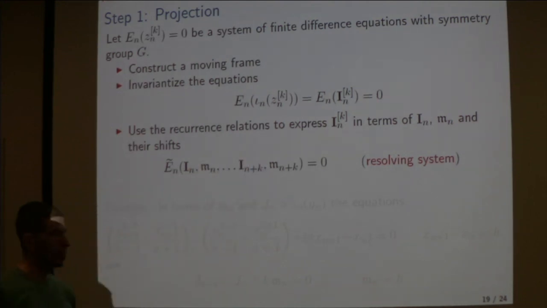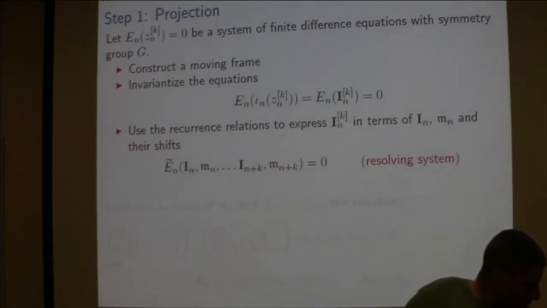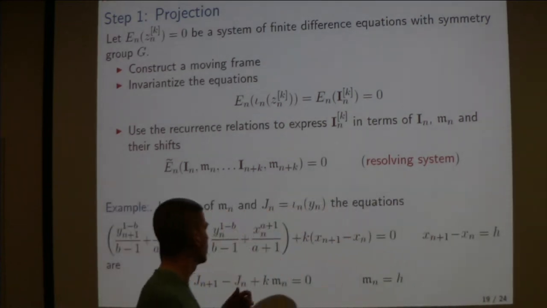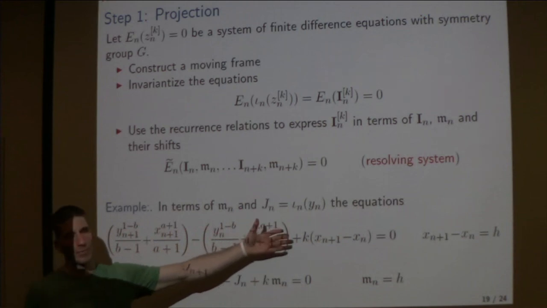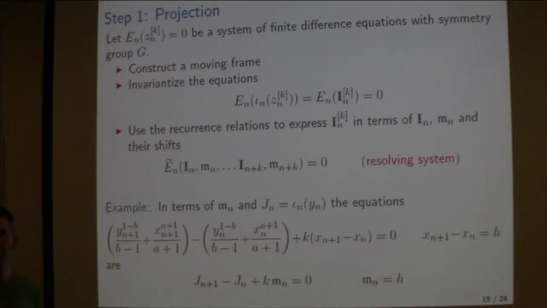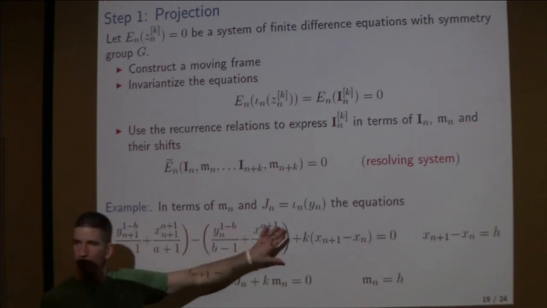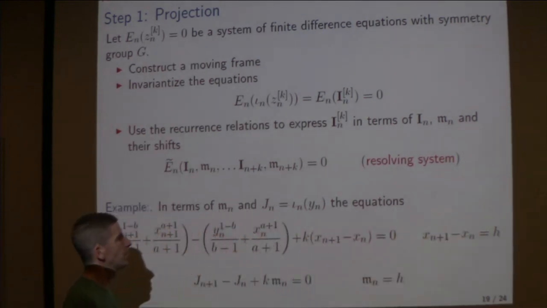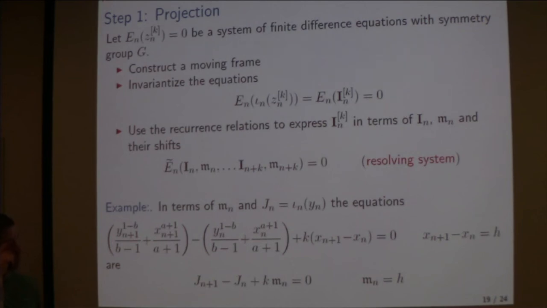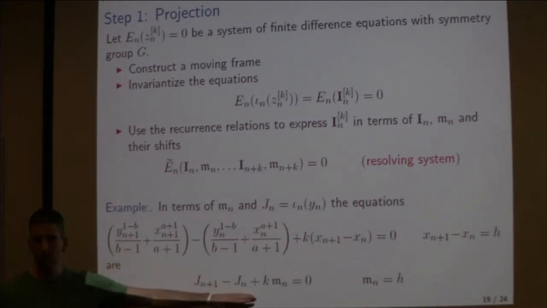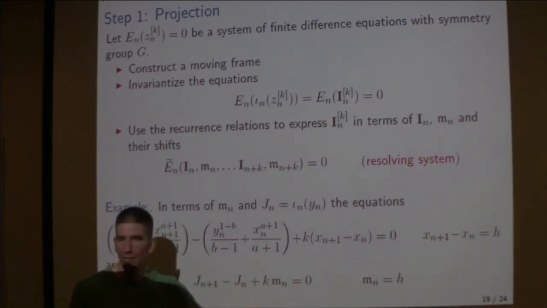For the problem that we're looking at, we have this finite difference equation. Now we invariantize these two equations, and in the space of invariants, these two equations reduce to these two equations.